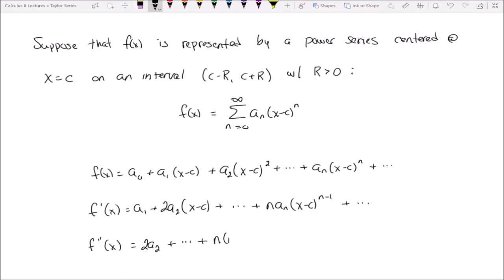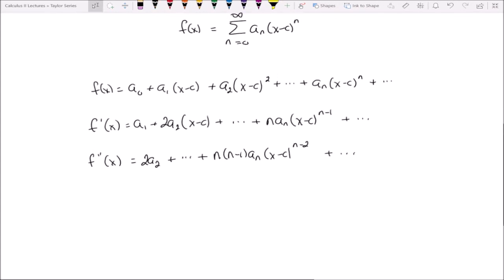We're going to have n times n minus 1 a sub n x minus c to the n minus 2. Take a look at the third derivative: n times n minus 1 times n minus 2 a sub n x minus c to the n minus 3, plus so on and so forth.